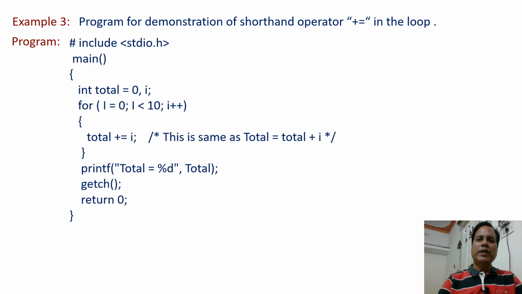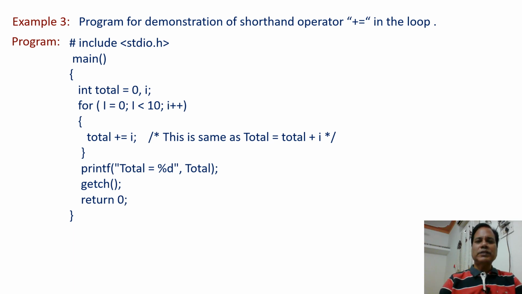Now if we see this program, in this program the shorthand operator is used in the body of the loop. Here the loop is the for loop, and a loop is used if we want to repeat things a number of times.